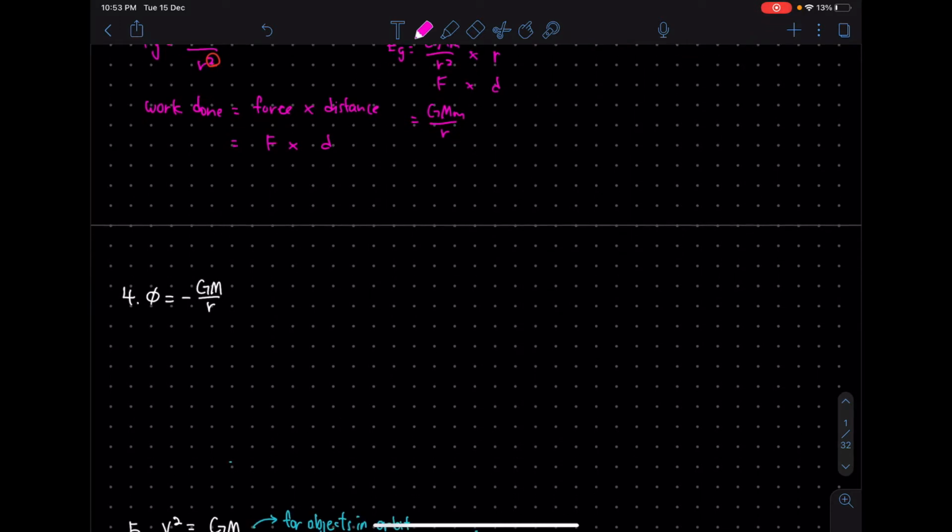The difference is that if you look at the equation, you'll notice there is a slight difference. There's no mass here, there's no smaller body of mass here, but you can see that there's still an r here rather than an r square as compared to the gravitational force.